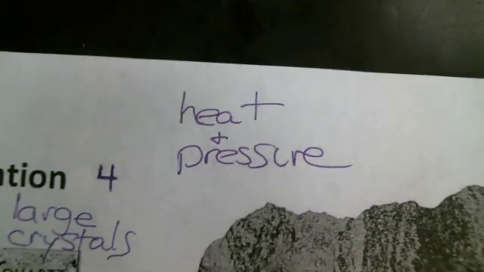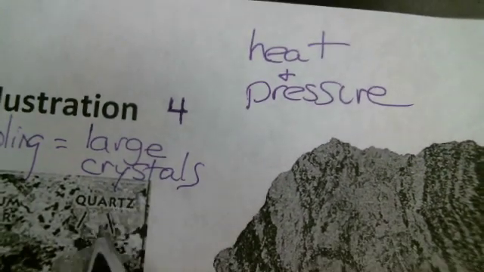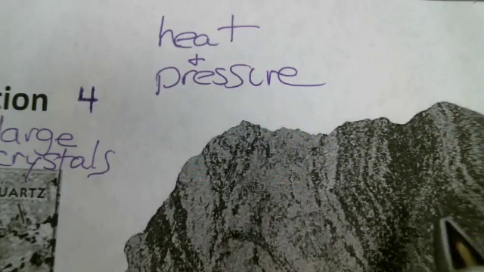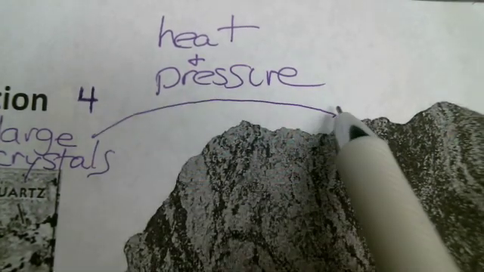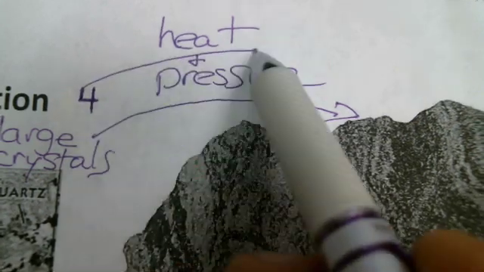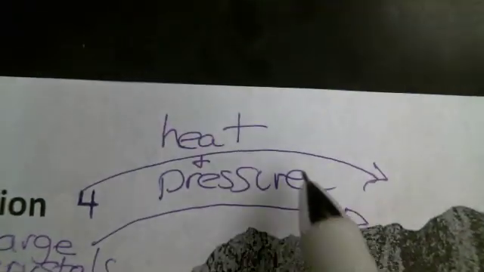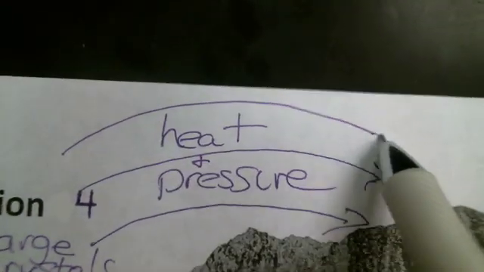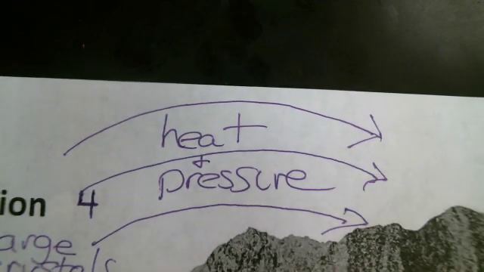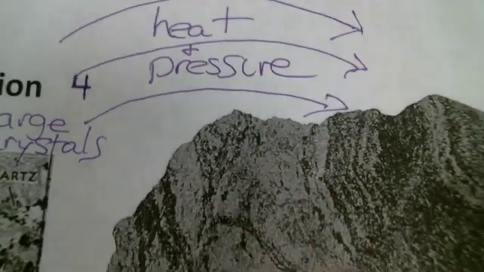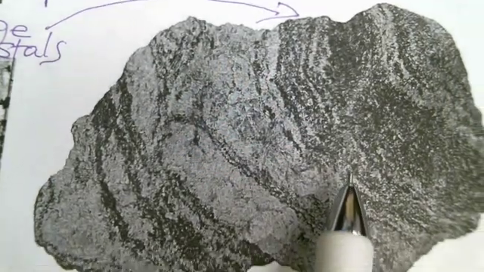And draw some arrows from the granite sample on the left to the gneiss sample on the right. That heat and pressure turns the granite into this.